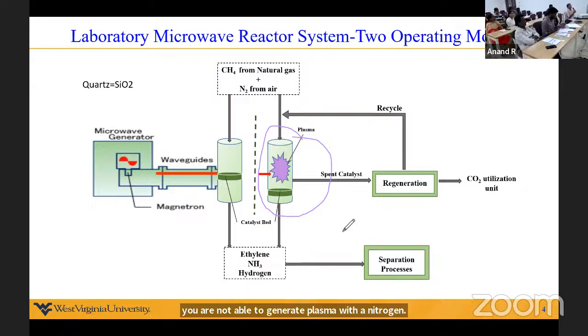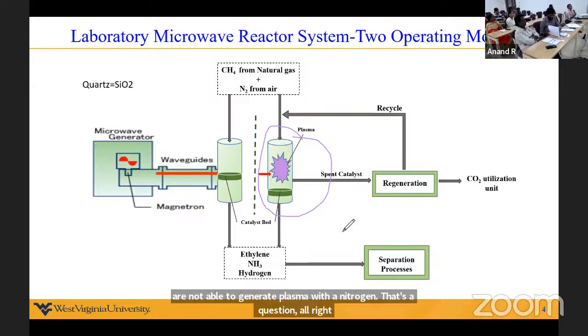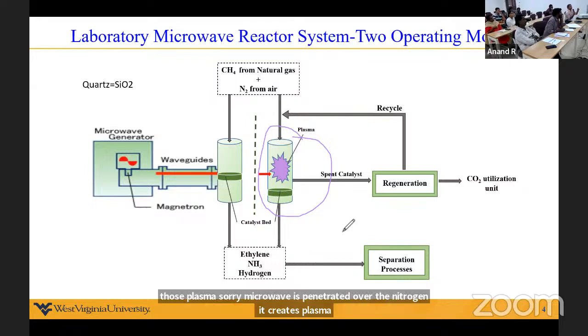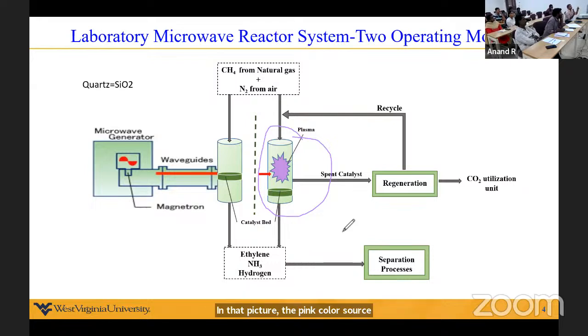Yes, how are you generating it? Because in that picture it shows nitrogen and plasma. Microwave penetrates the nitrogen and creates plasma. In that picture, the pink color shows there is a plasma. That plasma is generated in a nitrogen atmosphere, so it is not low pressure.